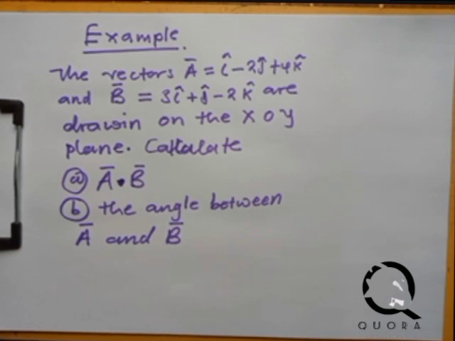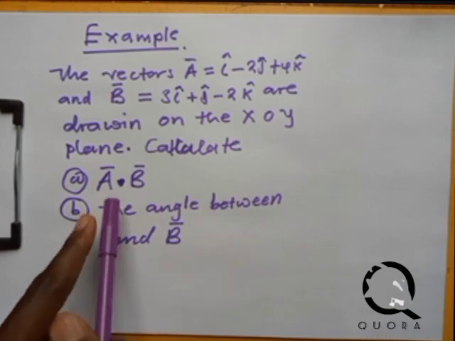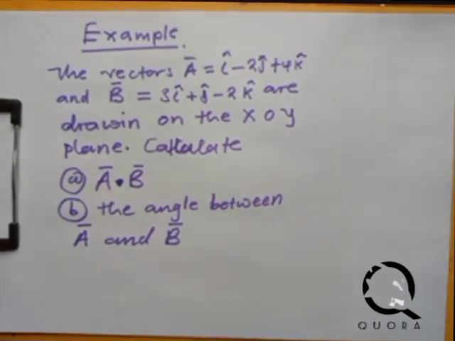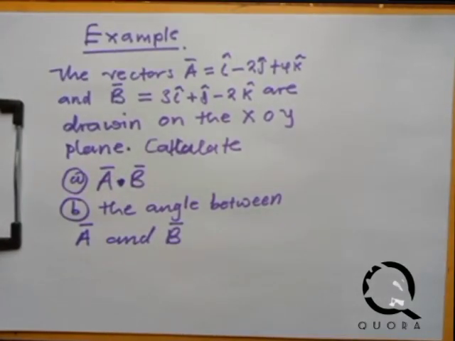Under dot product, we are going to end up with an answer which is not going to have any component. But for cross product, we are going to have an answer that has all the three components again. It must have all the notations at the end of your calculation. But for dot product, you can't have an answer with the same notations, because they are going to cancel at a certain point.